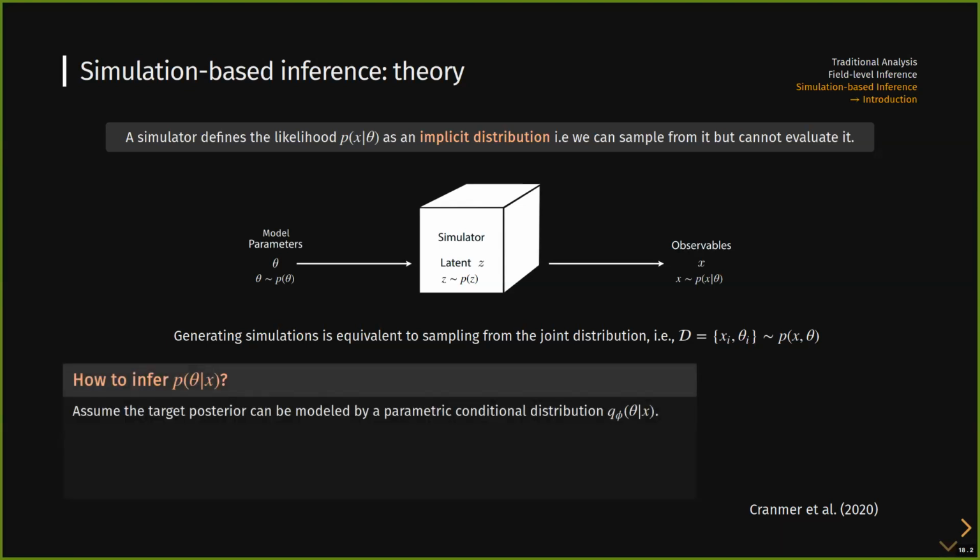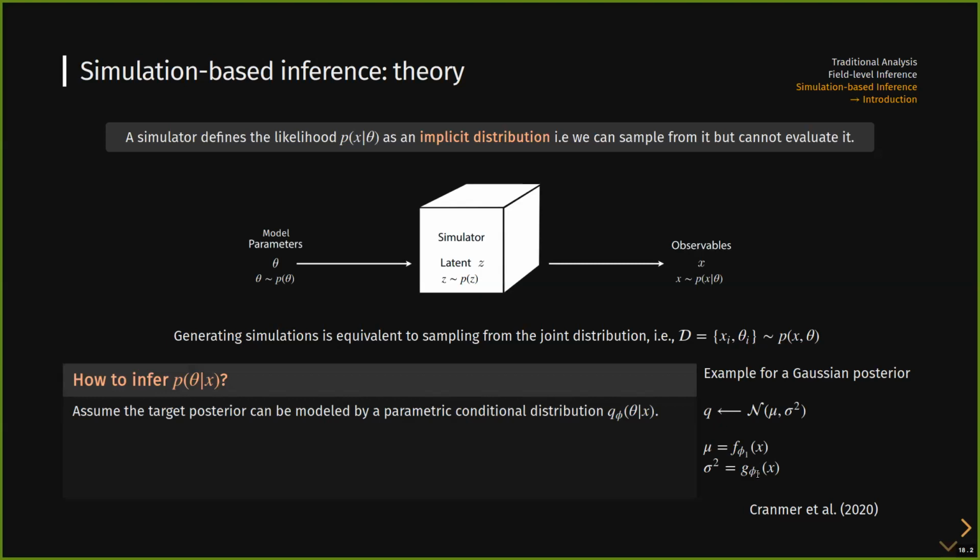How does this help us? How does this help us to do any posterior inference? Well, let's assume that the target posterior that you are after can be written as a conditional distribution Q with some unknown parameters phi. So for example, if your posterior is supposed to be Gaussian, you assume Q to be a normal distribution where its mean and variance are now some unknown function of the data with some unknown parameters phi.